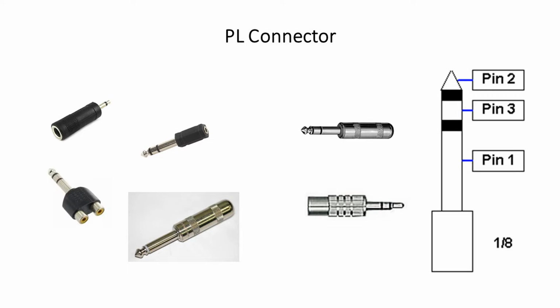In our illustration, you will see even adapters. So let's say you have a standard jack and you want to connect it to a mini PL, or standard RCA left and right audio connected to a standard jack, or a mini PL that will be connected to a standard jack. So these are readily available.